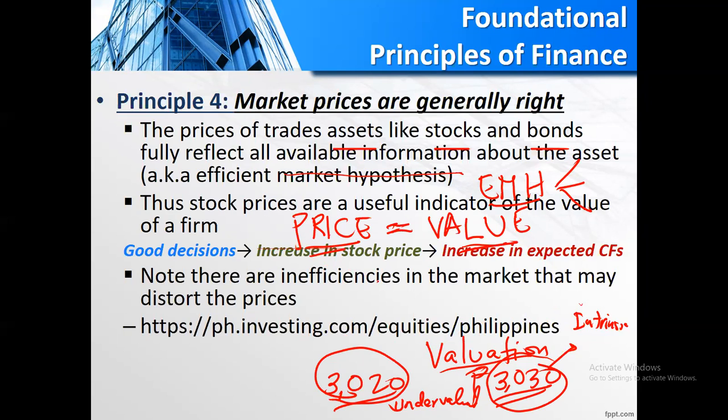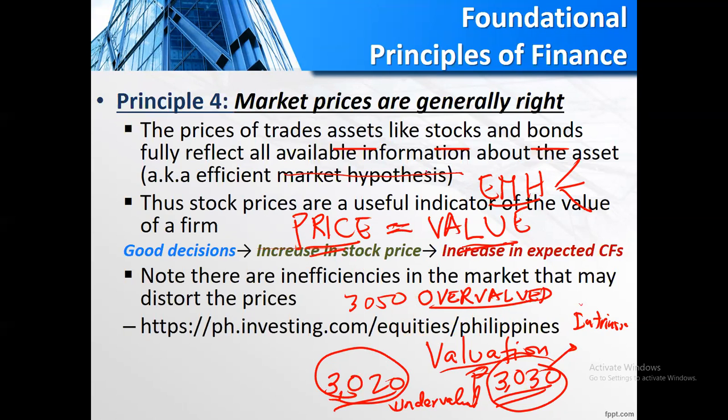If, for example, the price of Globe was 30.50, and it turns out that the computed value of Globe was 30.30, then they will say that Globe is overvalued. So if you don't have Globe, they will say, do not buy yet, because it's overvalued. Or if you have Globe stocks, they can say that you can sell, because it's selling at 30.50 when in fact its valuation is only 30.30.